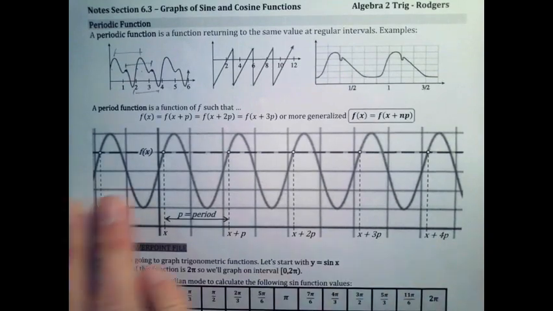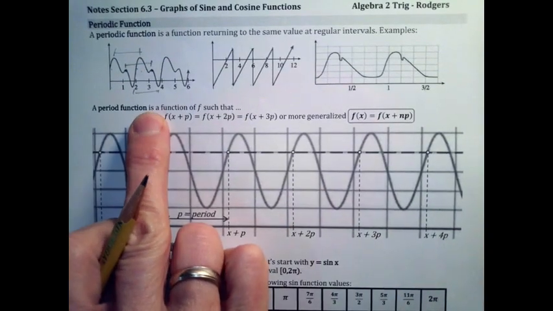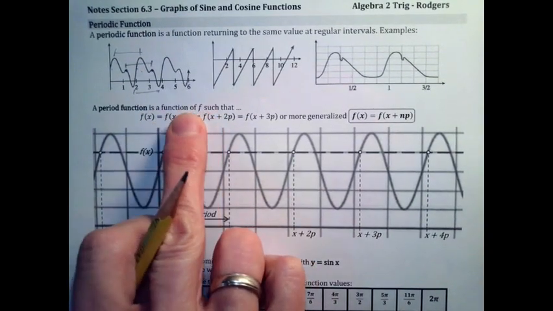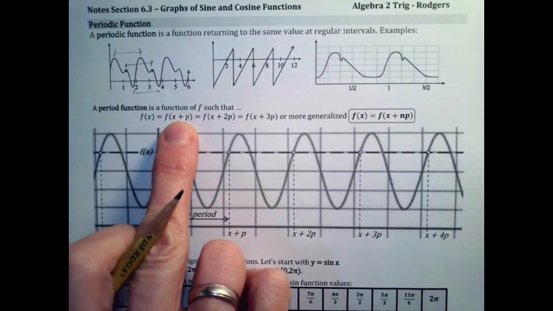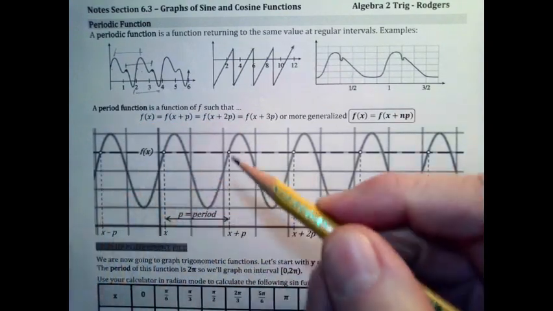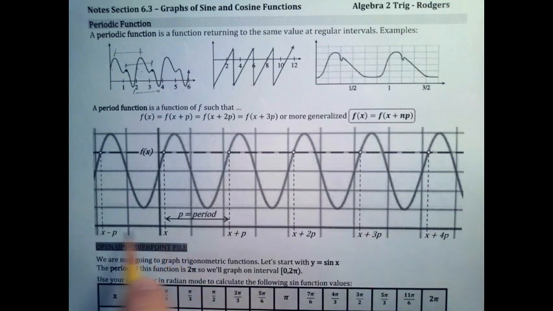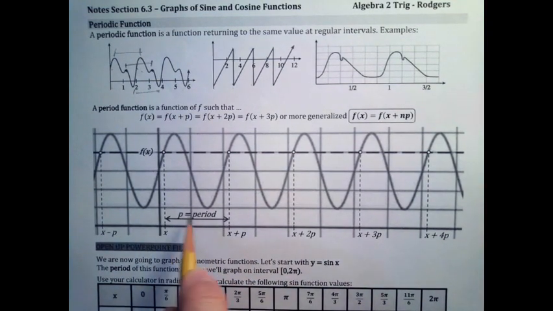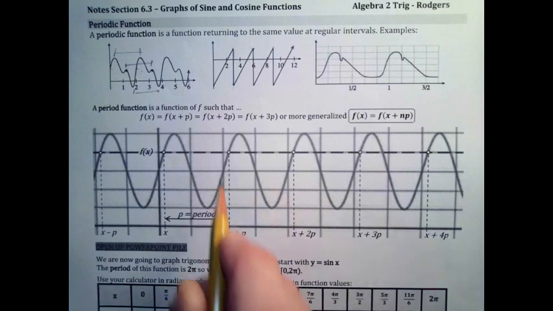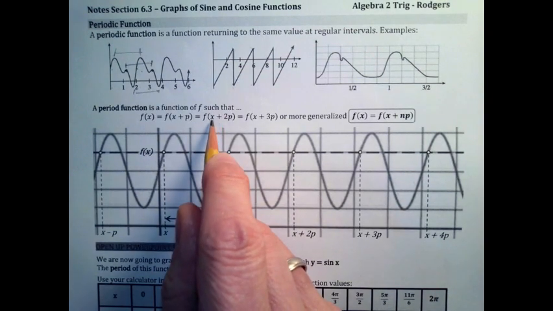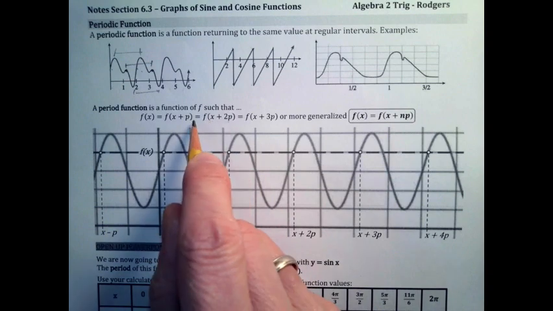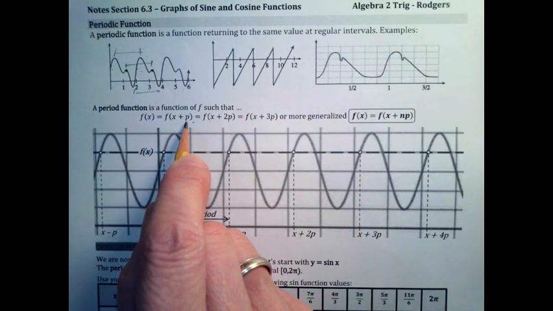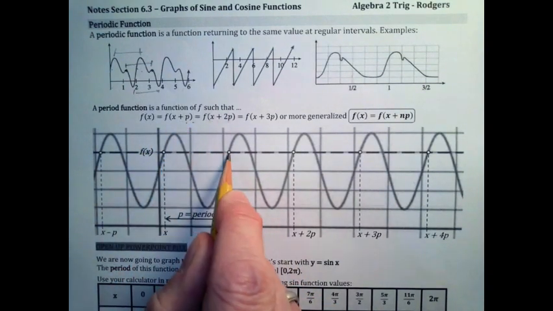Okay, in this case, a periodic function is a function f such that if I put in a value for x, so let's call this x, the particular value of x, if I go one period away and I ask what the function of x plus p is, I jumped over one period, p, then I should get the same output, right?